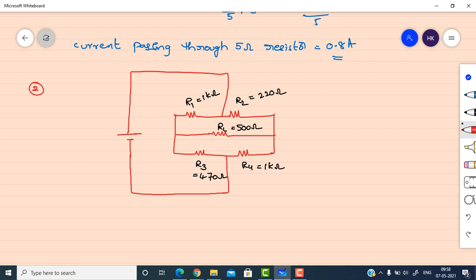The voltage applied to the circuit is 10 volts. So you have to find out the current passing through the 500 ohm resistor.